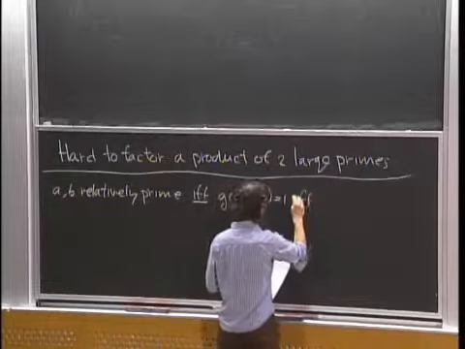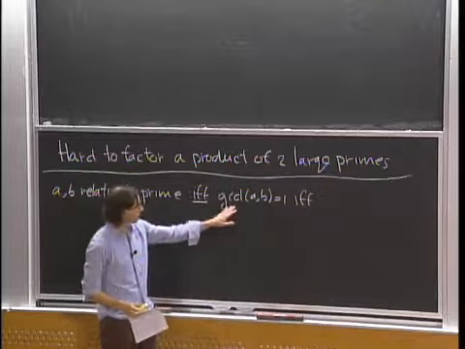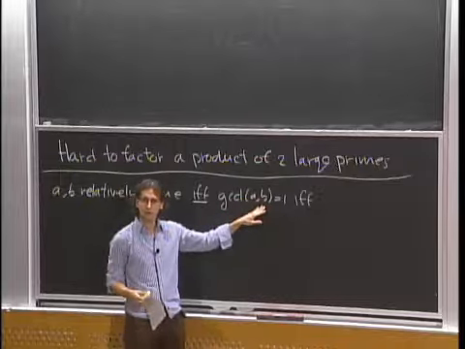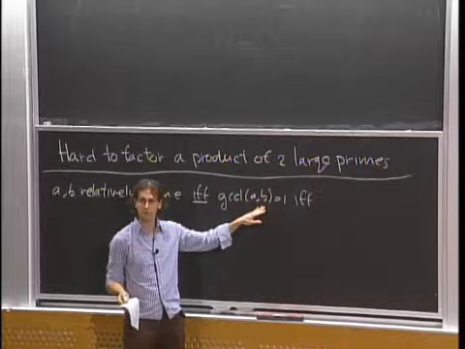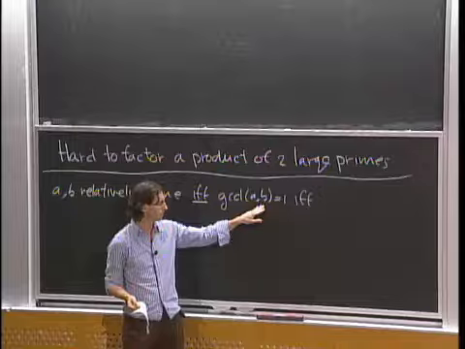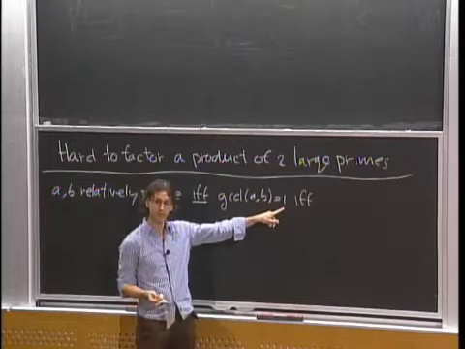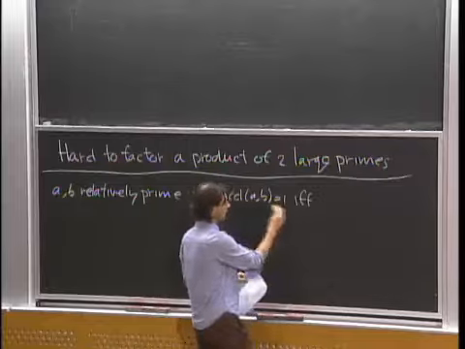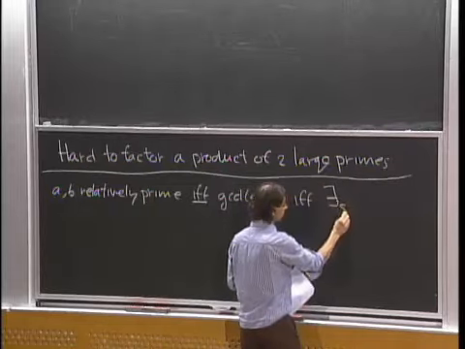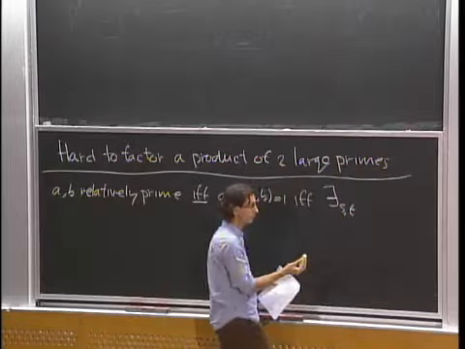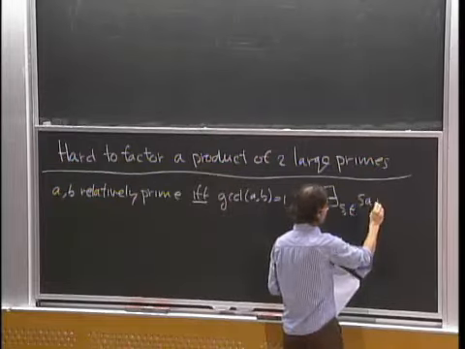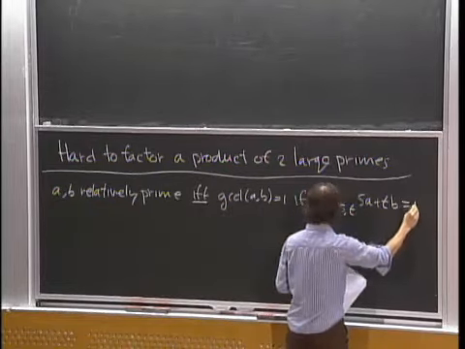We proved that the GCD of A and B is equal to the smallest positive linear combination of A and B. So that means that 1 in particular is a linear combination of A and B. So there exist integers s and t such that s times A plus t times B equals 1.